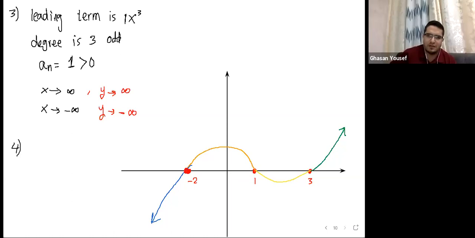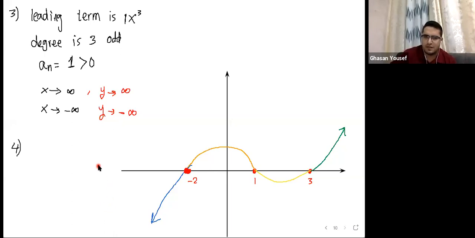And to check that this is correct using the end behavior, look. When x goes to infinity, the y goes to infinity. Look, x becomes larger and larger, the y becomes larger and larger. The green curve goes up to positive infinity. When x becomes small, minus 2, minus 3, minus 4, minus 5, to minus infinity, the y will be negative, goes down, down, down, to minus infinity.